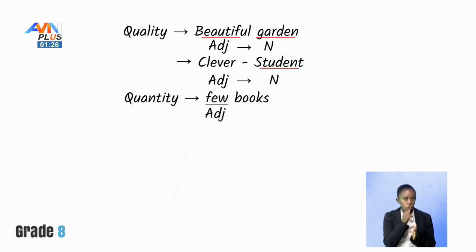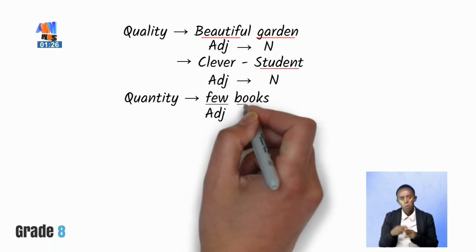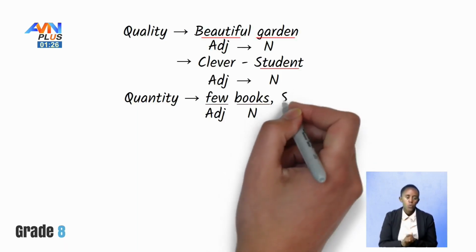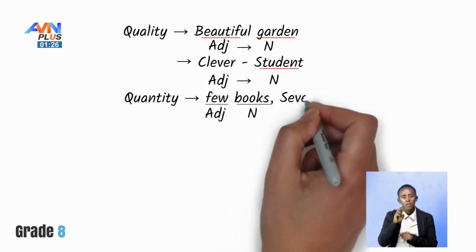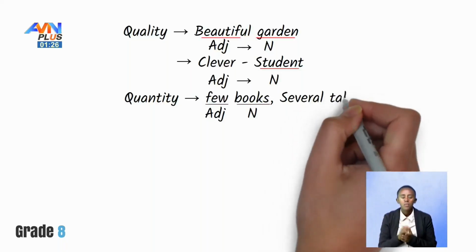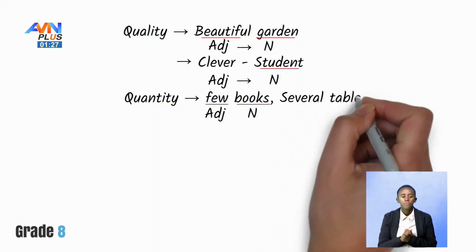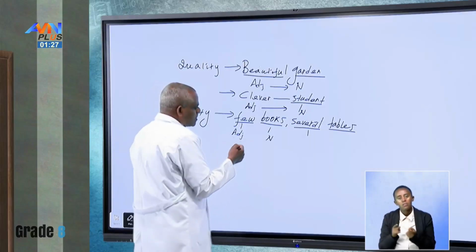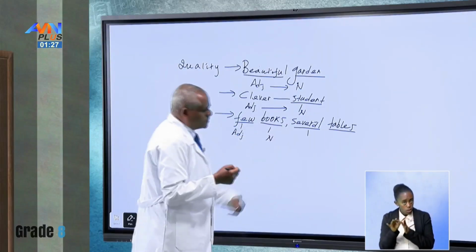A noun is common in every context. That is the main function of an adjective, to modify a noun. Few, several. Several tables, sufficient tables. The same, this is a quantitative adjective, and table is a noun.